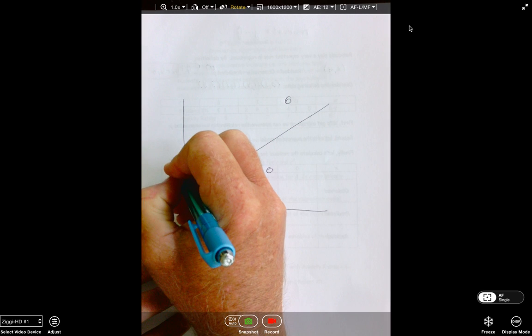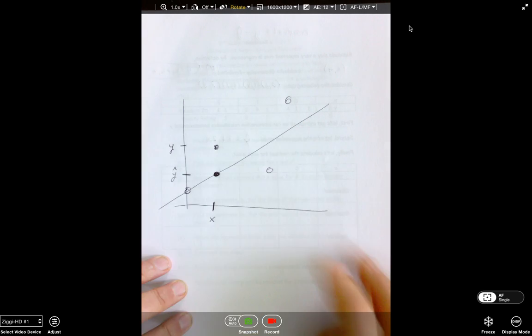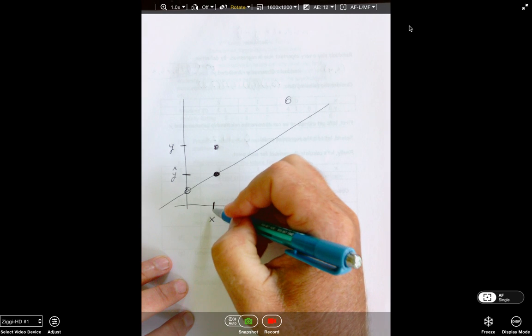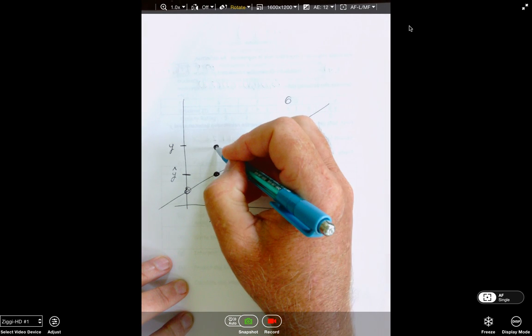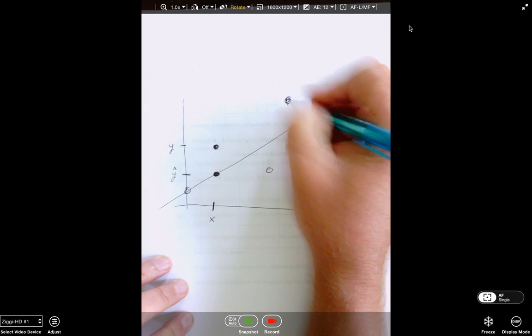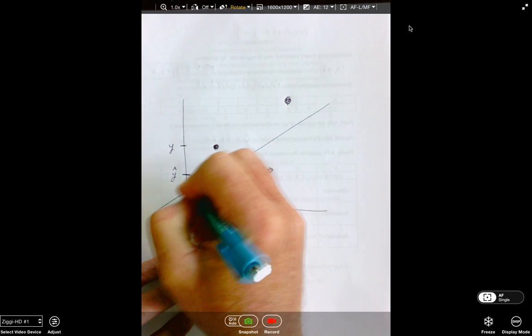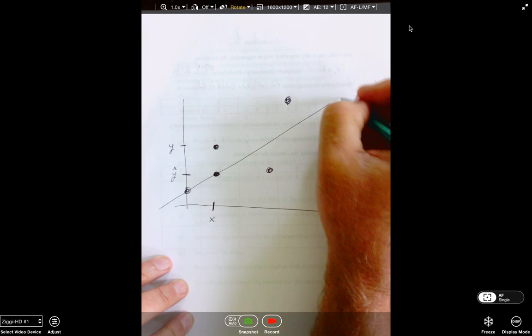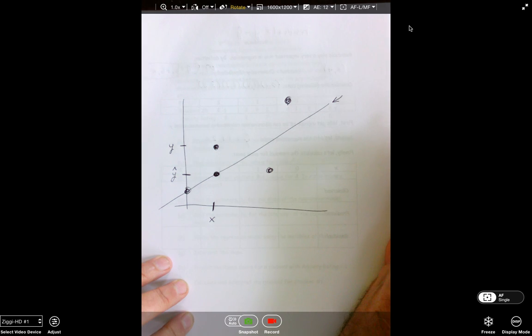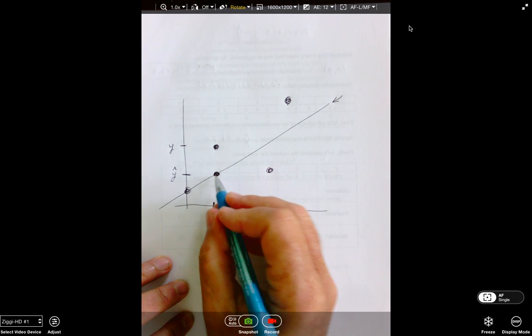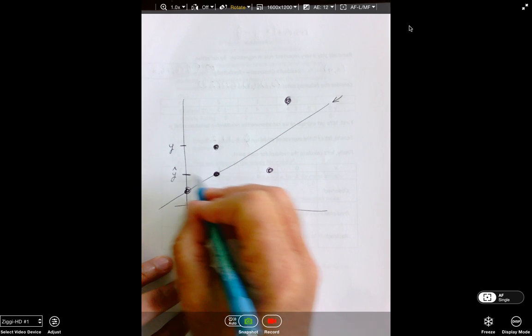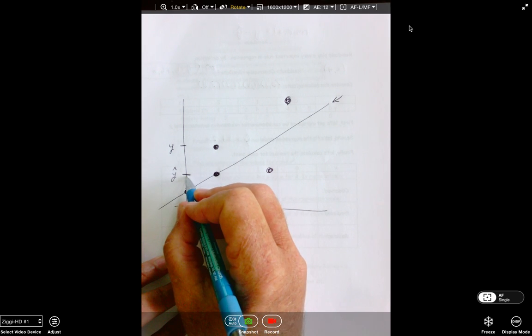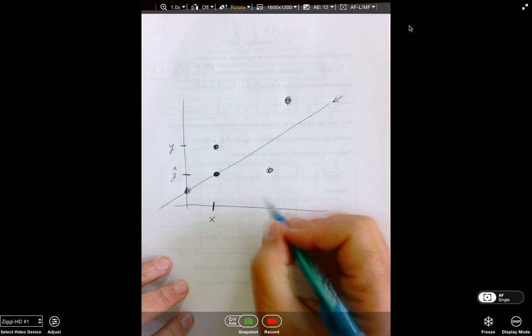Well, I'm sorry, this is a y hat. This point right here had a y value. So this is what we observed and we plotted it. We plotted this point, this point, this point, and this point to create this. We can use this point, bring x up to the line, to predict the value of y for that particular point.